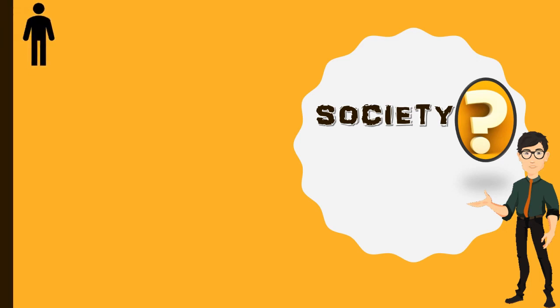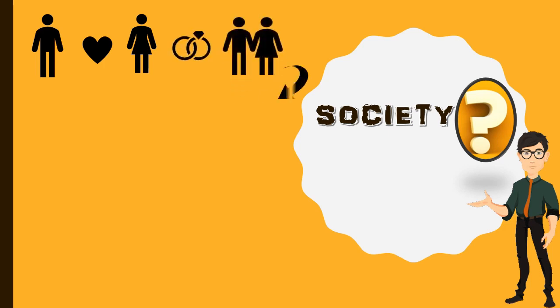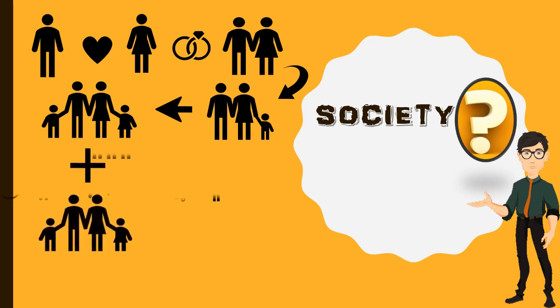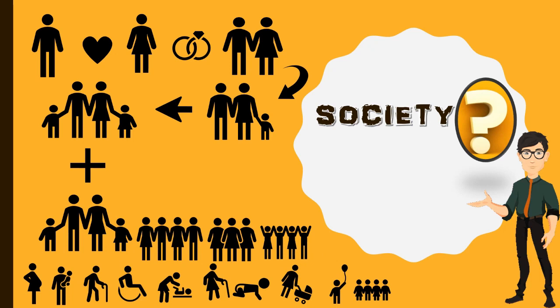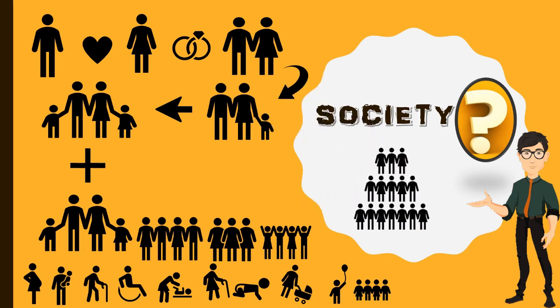To put it into simple words, when a man meets a woman and they fall in love with each other, they often get married and constitute a family. The family gets bigger with more children, of course. This family with so many other families and individuals constitute what we call a society.